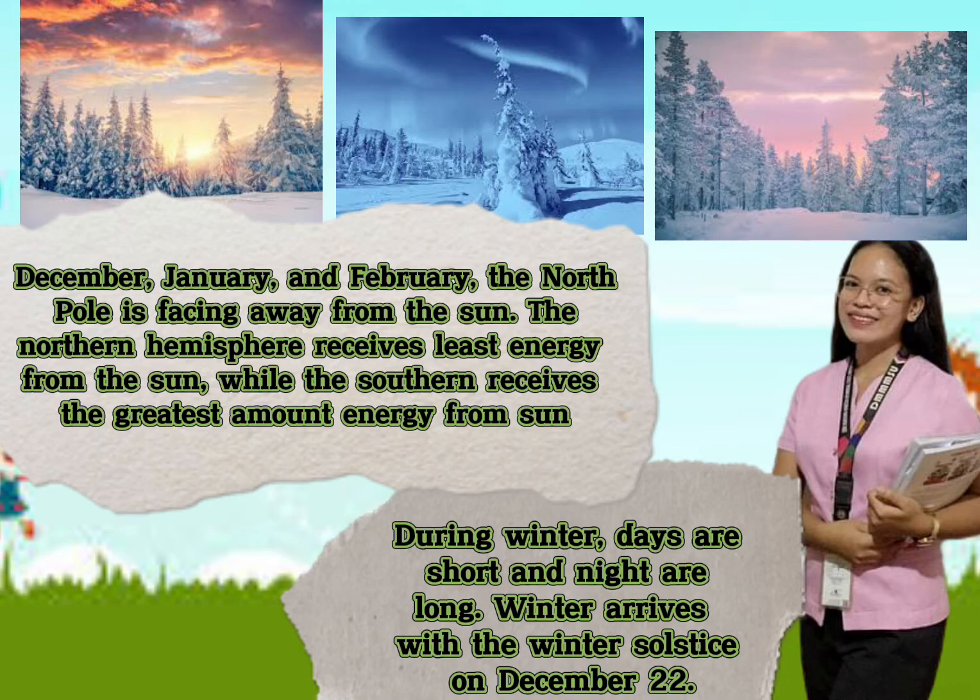Places in the North Pole will experience winter, while places in the South Pole will experience summer. During winter, days are short and nights are long. Winter arrives with the winter solstice on December 22.